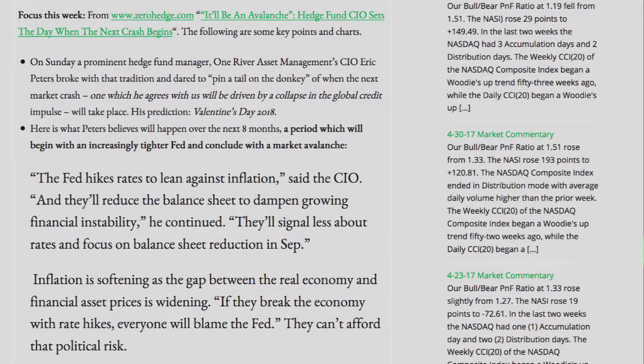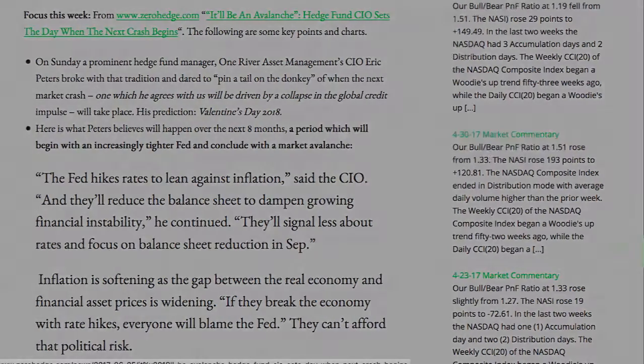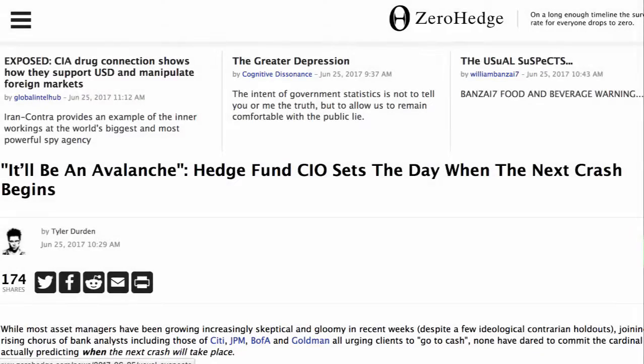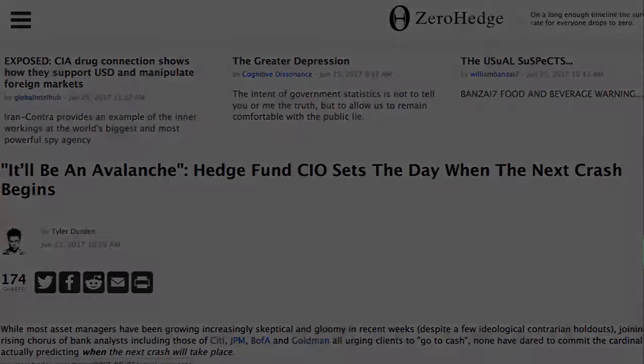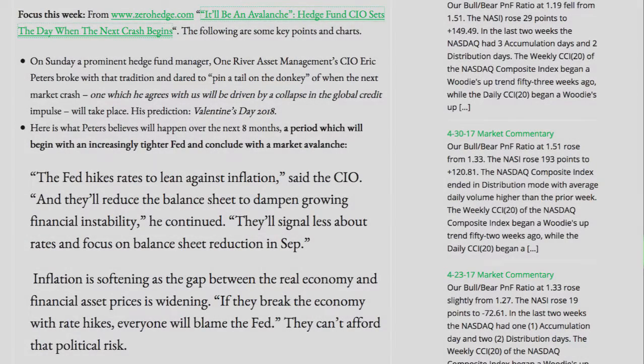Focus this week from www.zerohedge.com. It'll be an avalanche. Hedge fund CIO sets the day when the next crash begins, by Tyler Durden. The following are some key points and charts.